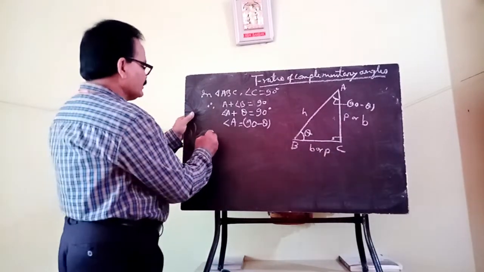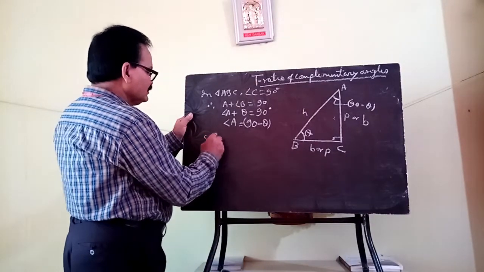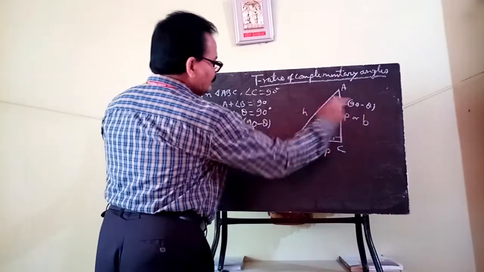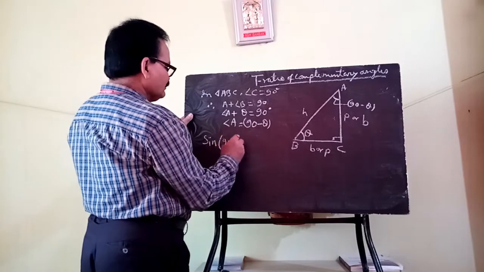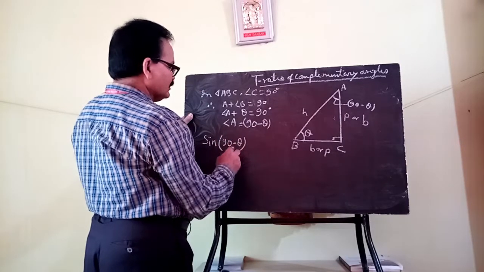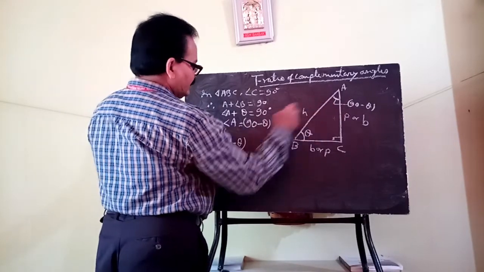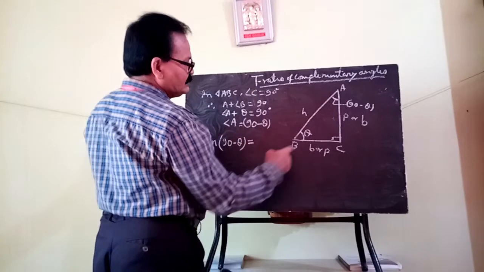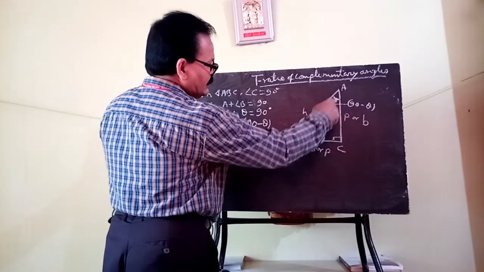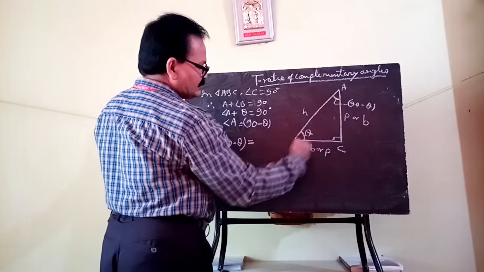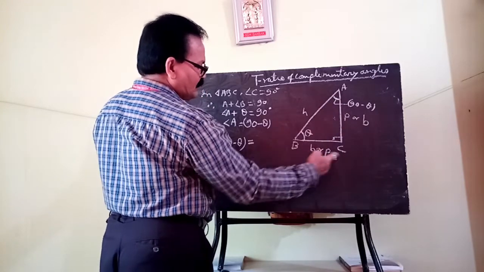Now if we take the sine value of 90 minus theta, considering angle A, this will be your base and the side opposite to this angle is your perpendicular.